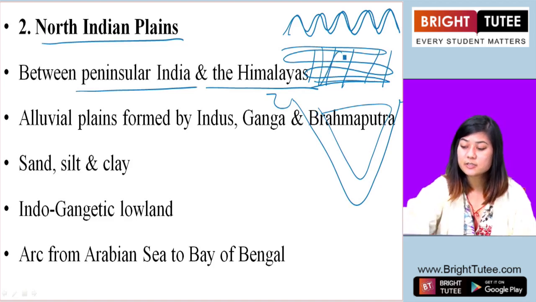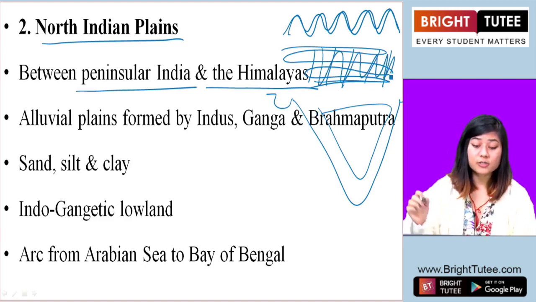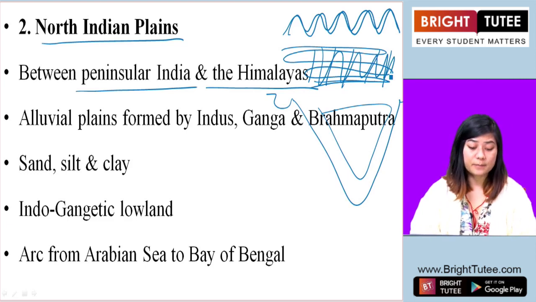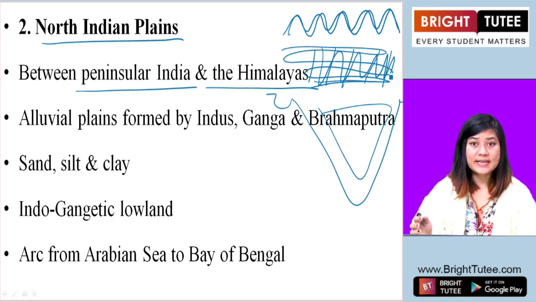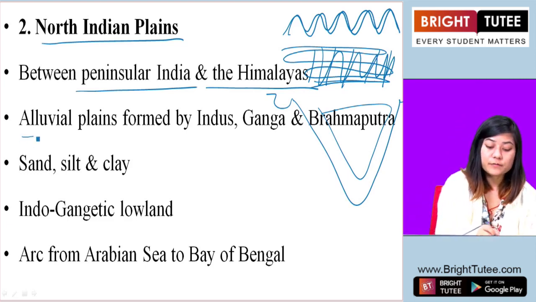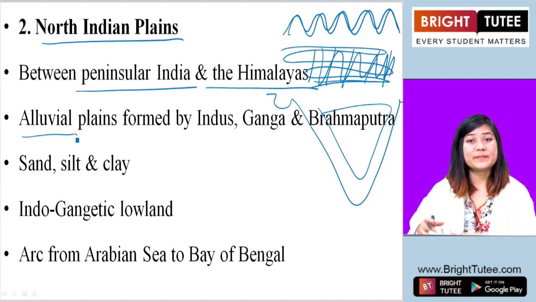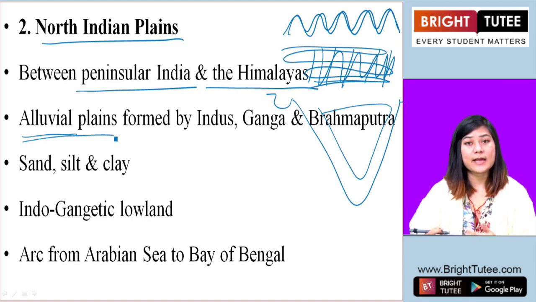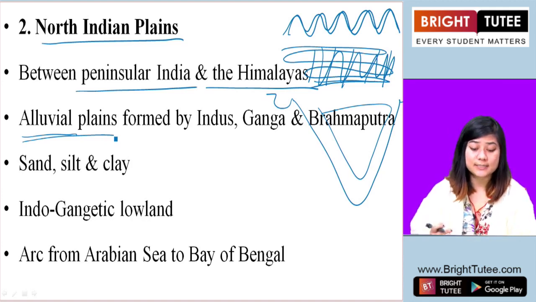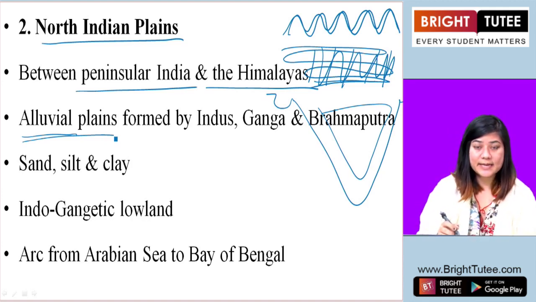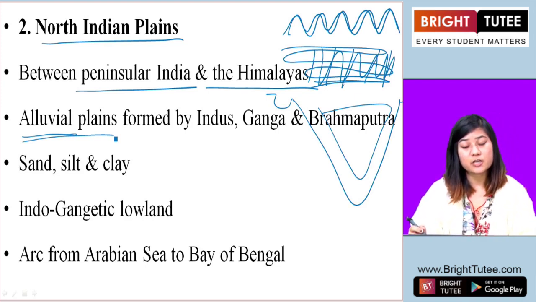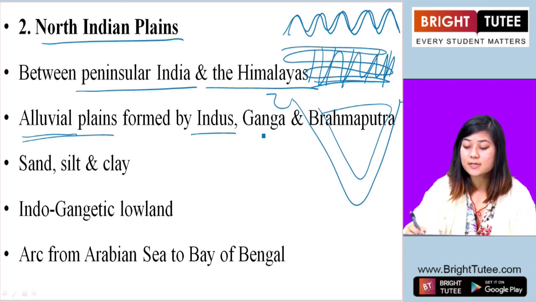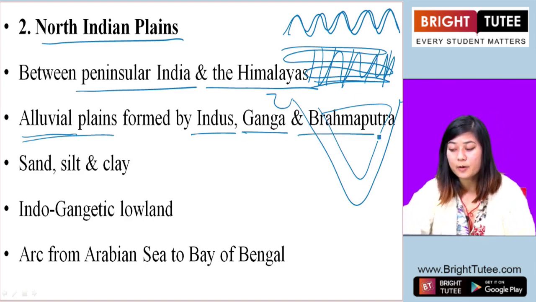Alright, so this middle portion is called the North Indian Plains. These plains consist of alluvial soil, or this plain is also called alluvial plains. We will look at why it is called alluvial a little later. And this plain is formed by three important rivers. They are Indus, Ganga and Brahmaputra.